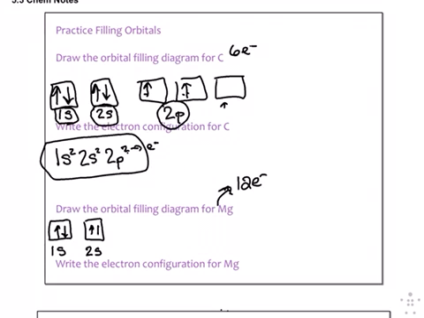Fill that up. Then Aufbau's chart puts us at 2p. So there's 4 electrons already. There's 5, 6, 7, 8, 9, 10. And then Aufbau's chart says we go to 3s.